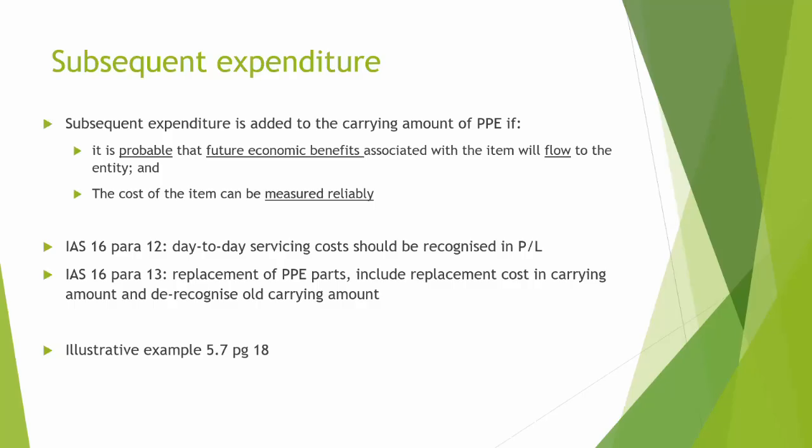Okay, before delving into those 3 subsequent measurement principles, it needs to be acknowledged that with respect to an item of property, plant, and equipment, further expenditure will be incurred on the item.